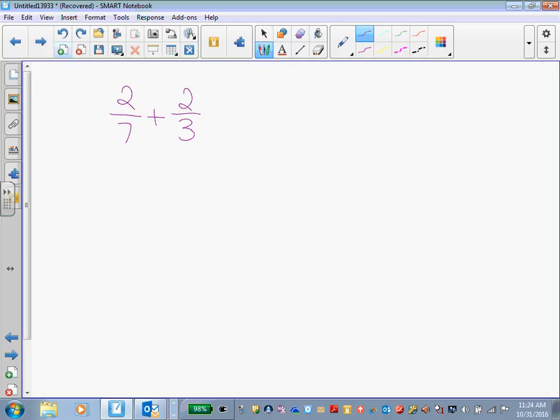So my 2/7. Cornelius, what am I going to multiply the 7 and the 2 by? 3. By 3, very good. So 7 times 3 is what? 21. 2 times 3 is what? 6. So then 2/7 is equivalent to 6 over 21.